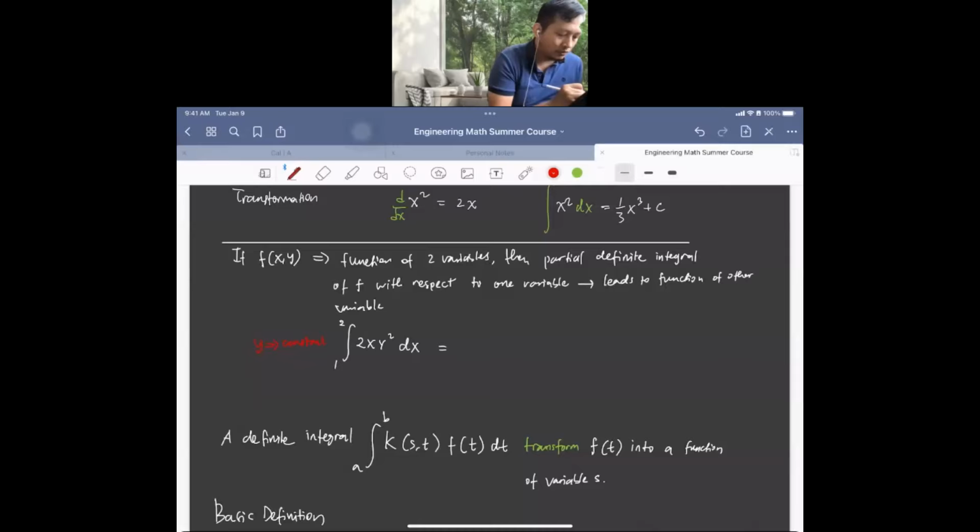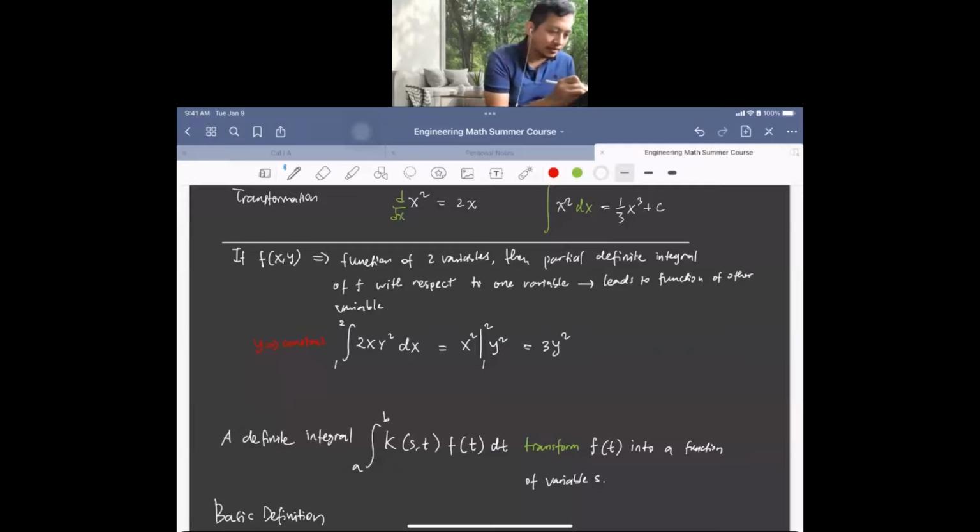Well, there's no such thing as partial integration, that's just a concept. Then y squared is still there, and x squared evaluated from 1 to 2, so this will be 3y squared.